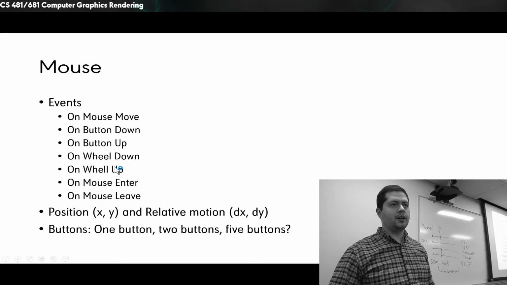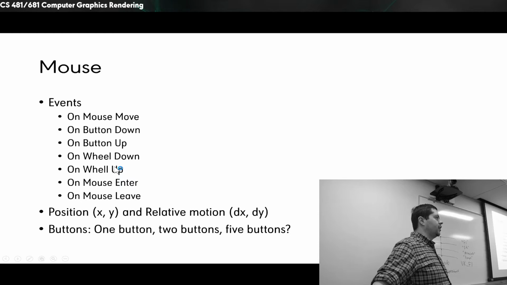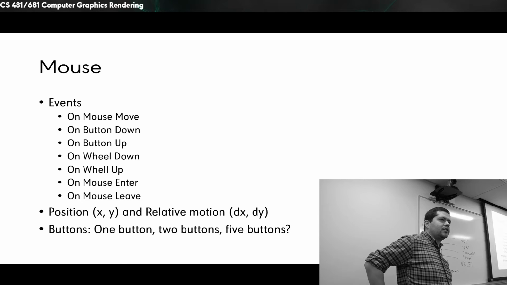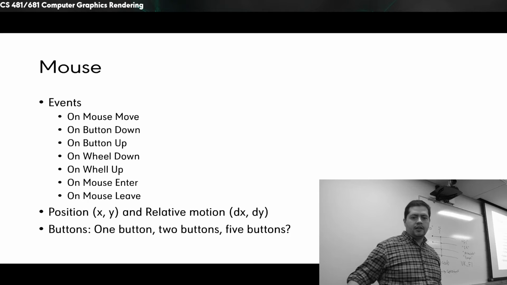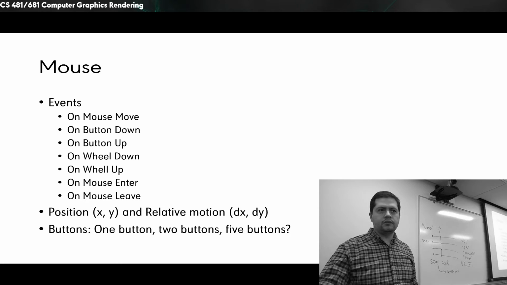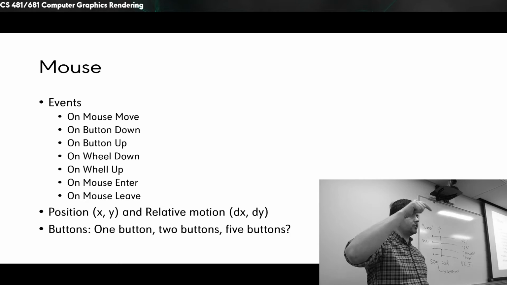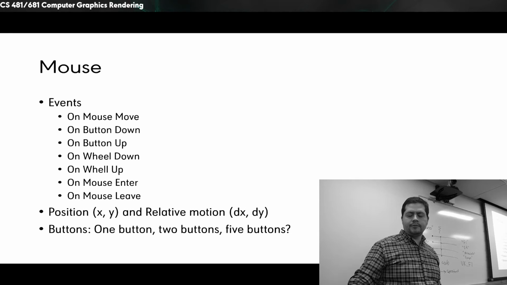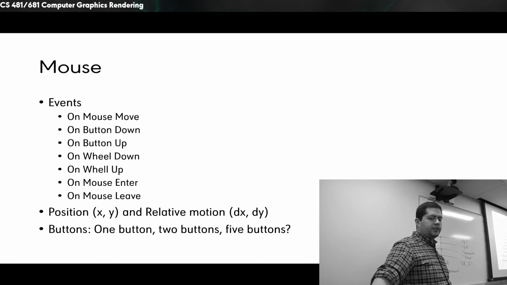Sometimes the wheel down, wheel up, those are buttons 4 and 5 on the mouse. So if you're getting input on a scroll mouse, you might see buttons 4 and 5 light up if you're going up or down. Or you can have that, and then of course if you hold down the wheel, it acts like a middle mouse button, so mouse button 2, I want to say.